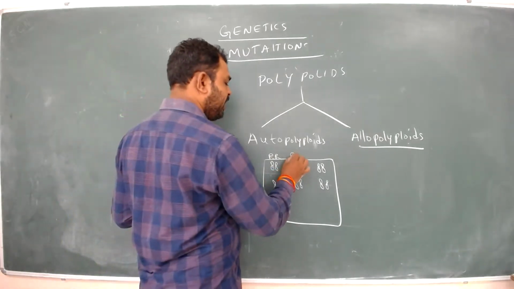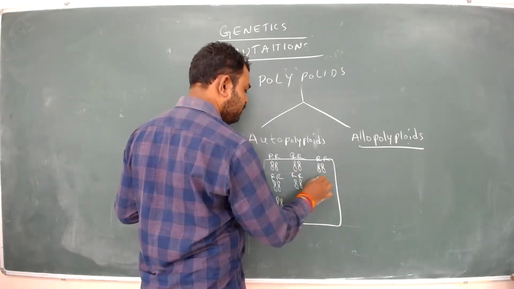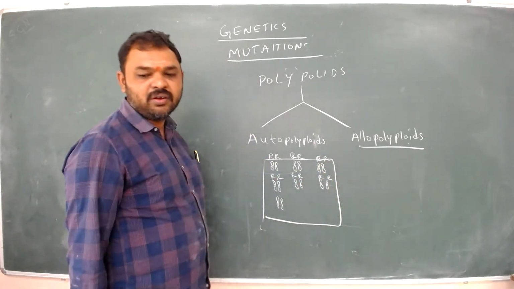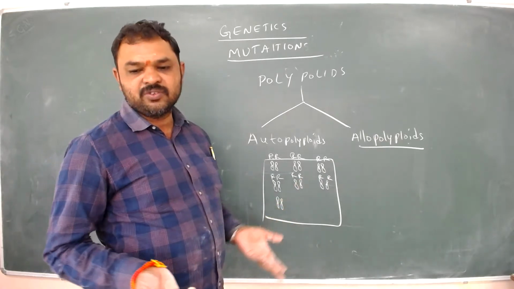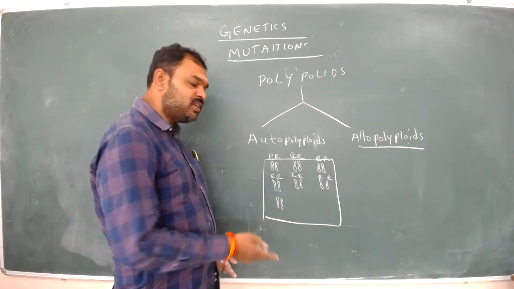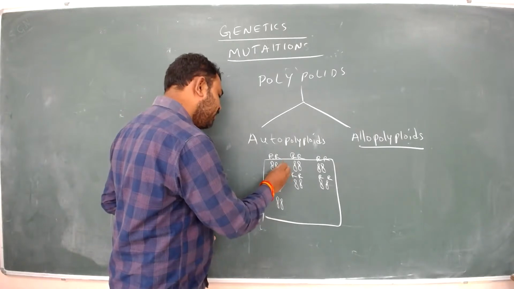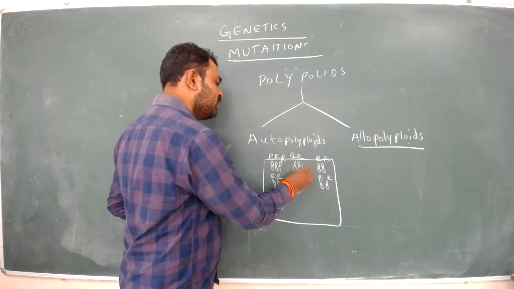How are these sets indicated? RR. What is meant by RR? One R species, the Raphanus species. Any species is there, but to represent the genus I am saying R. The same species chromosome we are adding. It is also R. This also R.